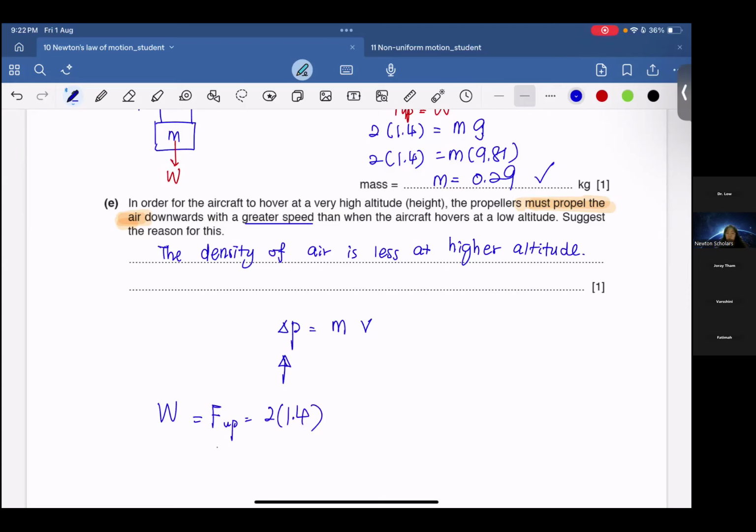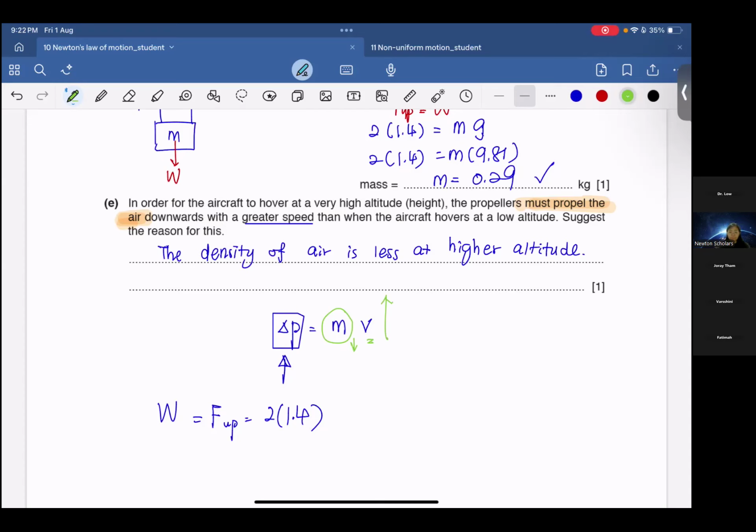That means that in order to maintain this weight, the upward force must equal the weight. So your change of momentum should not decrease, it should be maintained. But the problem is at higher altitude, your mass of the air already decreases. So in order to achieve the same momentum, we need to increase the speed.